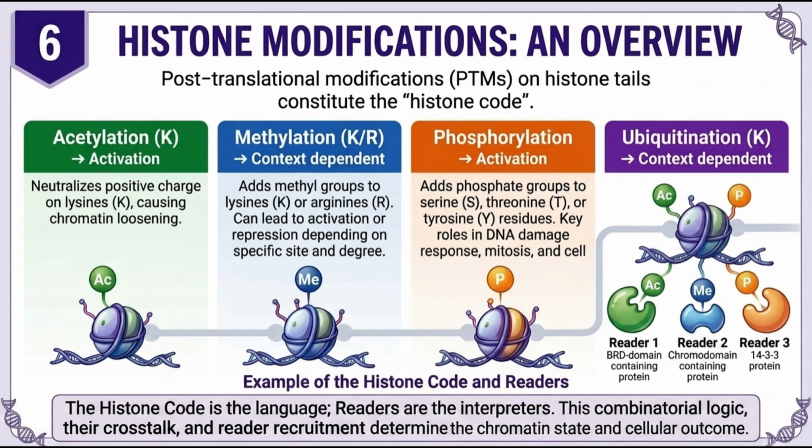Acetylation generally activates transcription by loosening chromatin structure. Methylation may either activate or repress genes depending on the modified residue. Phosphorylation is involved in mitosis and DNA damage signaling, whereas ubiquitination participates in DNA repair and transcription regulation. Thus, combinations of histone modifications determine cellular outcomes.